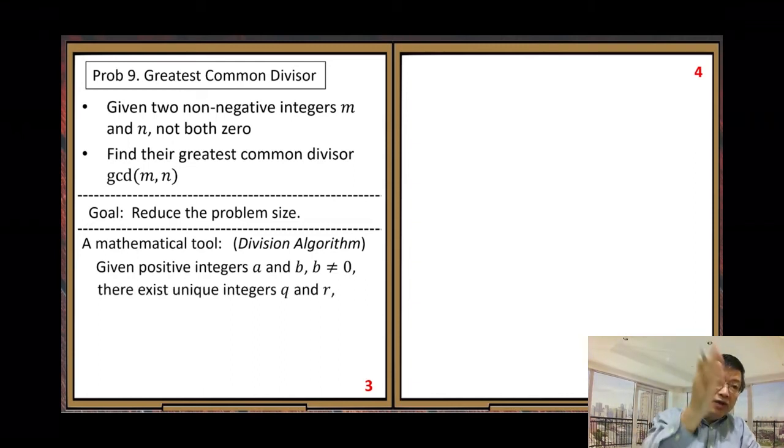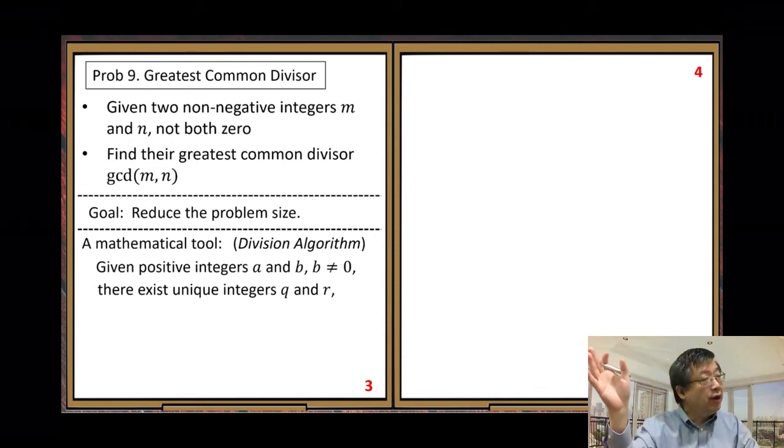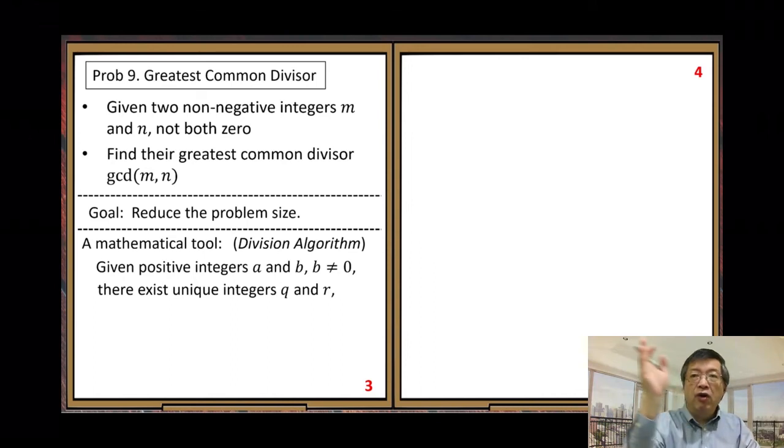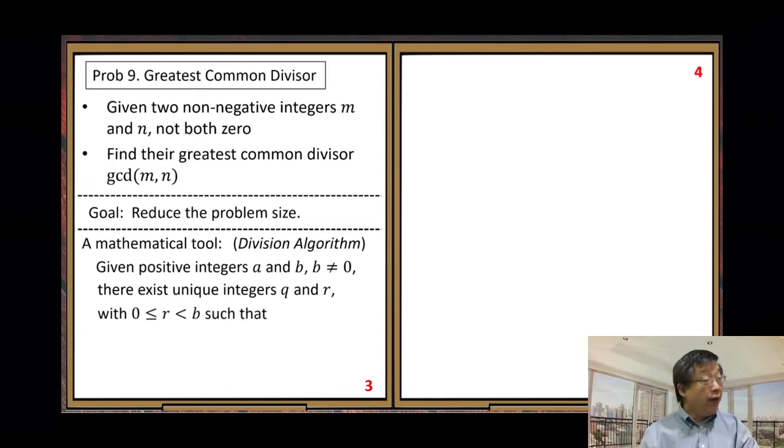Then there exist unique integers q and r, q for the quotient, r for the remainder, with this inequality: 0 less than or equal to r, strictly less than the divisor b, such that we have this representation: a equals b times q plus r.